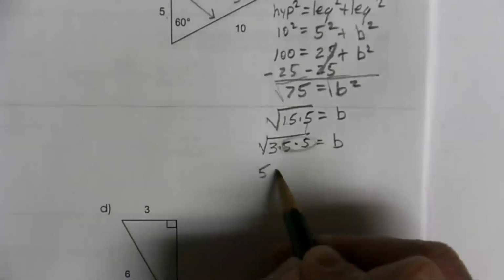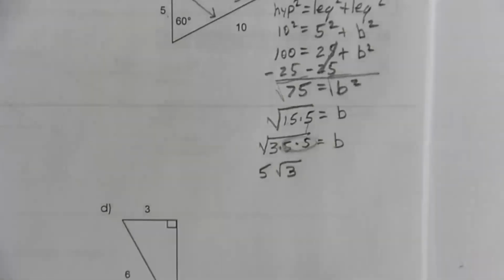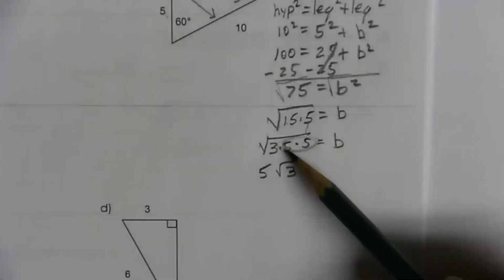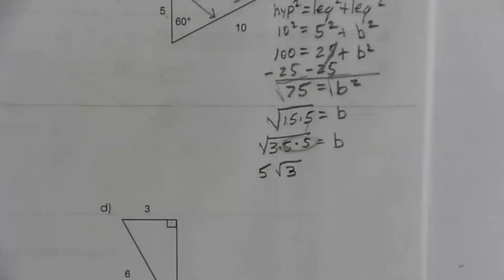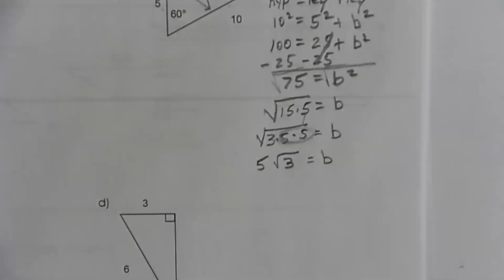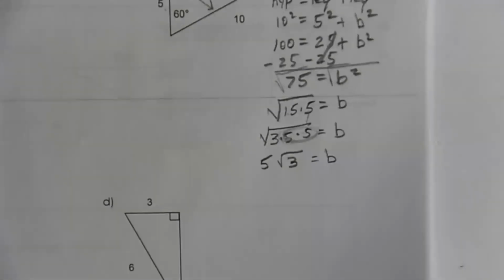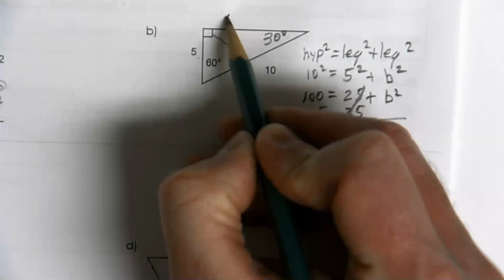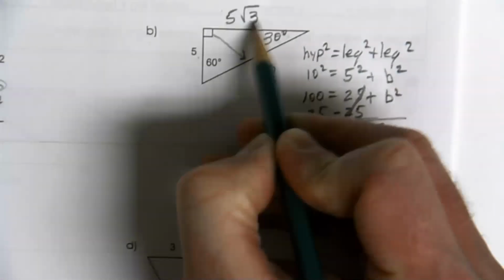So now we have 5 root 3. That's like taking the square root of 25, right? 5 times 5 is 25. The square root of 25 is 5. So that's why we write a 5 outside of the square root. So that is our value of the missing side: 5 root 3.